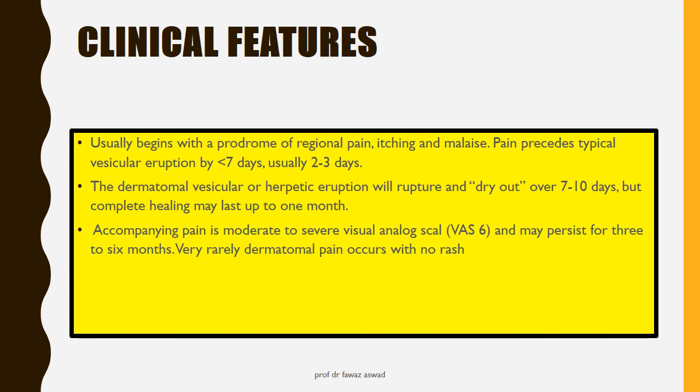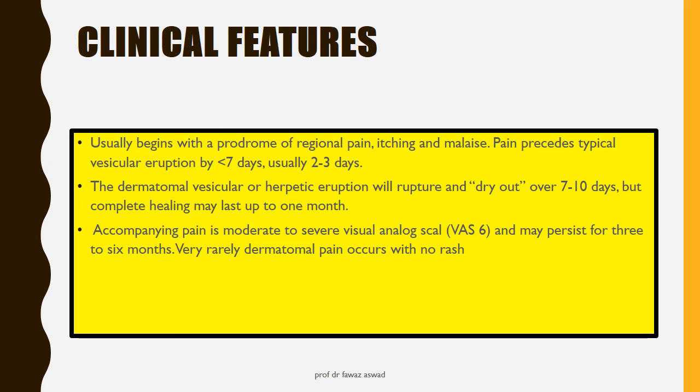So let's have some idea about the clinical features. It usually begins with a prodrome of regional pain, itching, and malaise, with pain preceding the typical vesicular eruption by less than 7 days, usually 2 to 3 days. And here we could demonstrate the presence of the vesicular herpetic eruption.